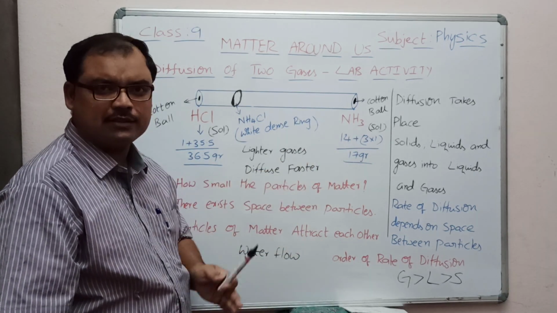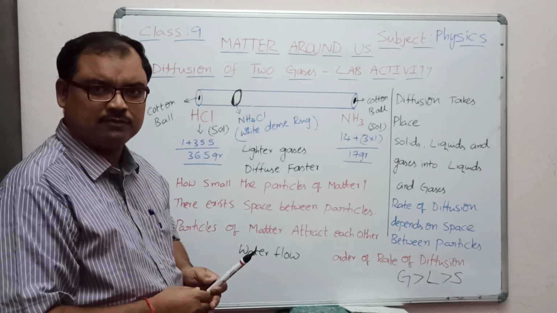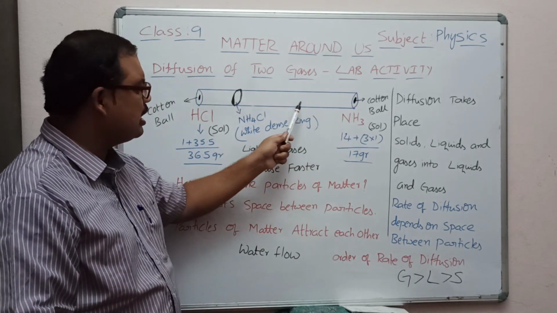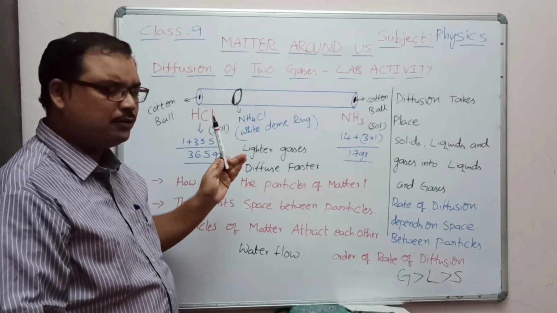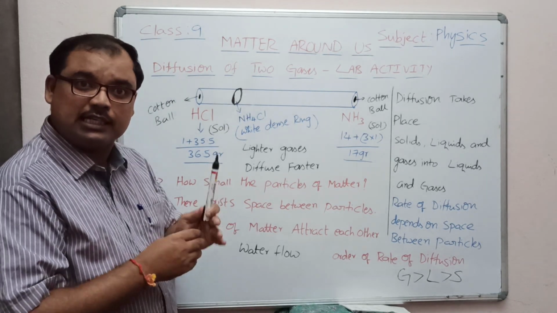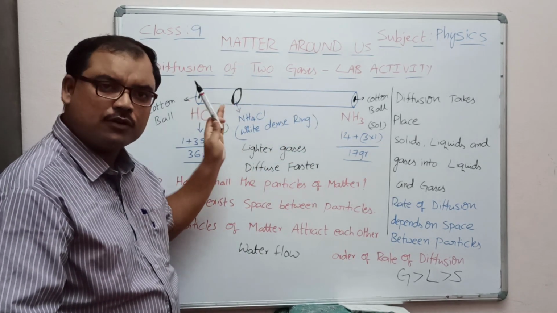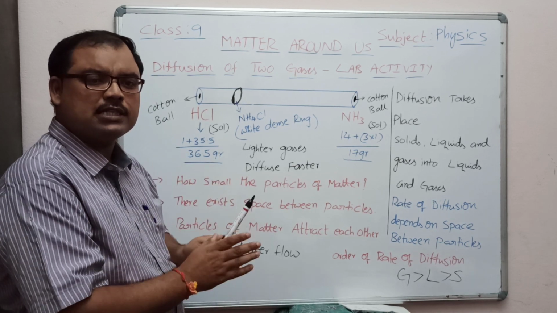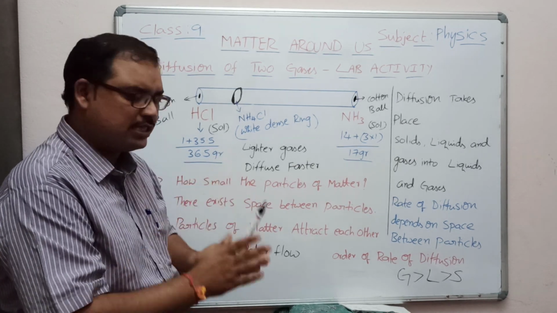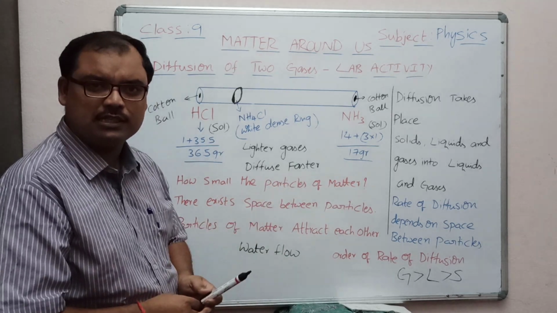Ammonia is lighter, so it runs faster. That is why ammonia gas traveled more distance compared to HCl gas, and the ring is formed far from ammonia and close to HCl. So the conclusion from this observation of the position is that lighter gases diffuse faster.